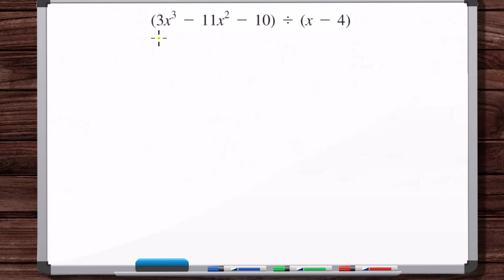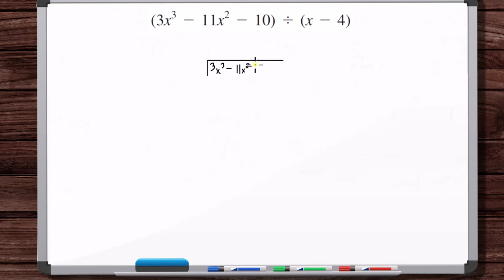Okay, so here's the dividend, here's the divisor. We want to put the long division symbol, and then write the dividend out in descending order, but also make sure to include any placeholders for missing terms.